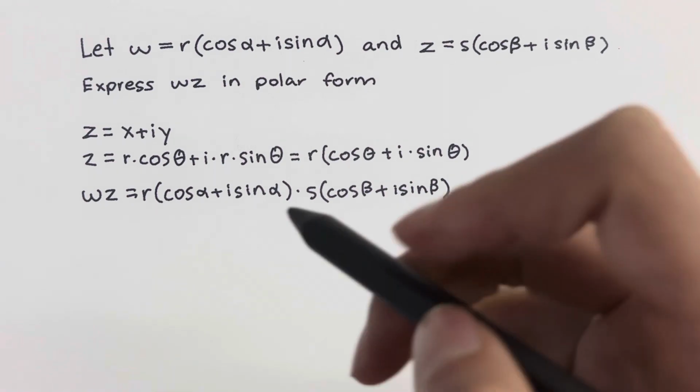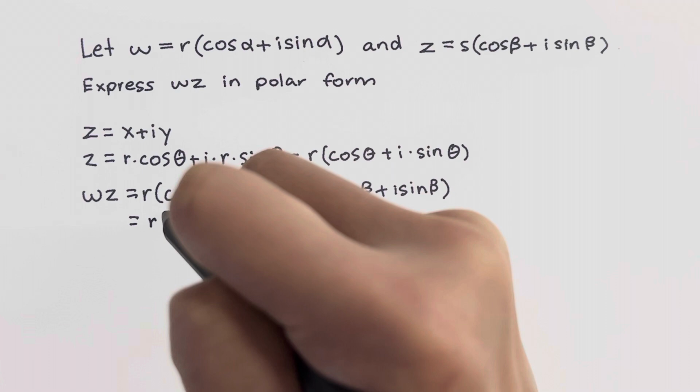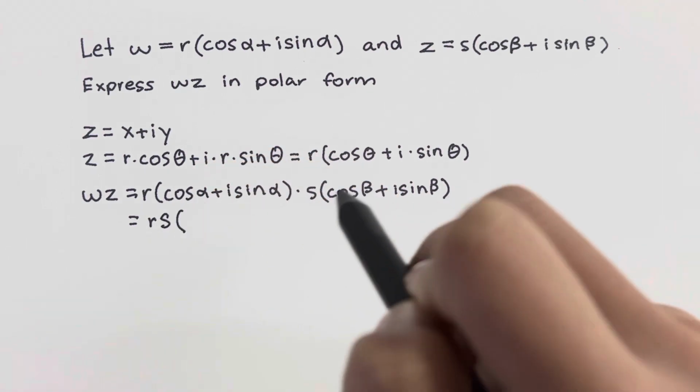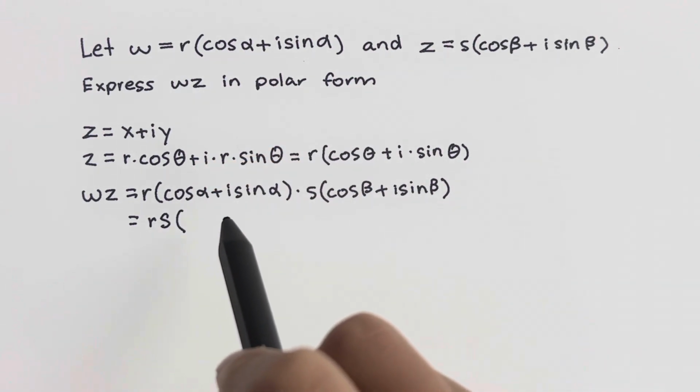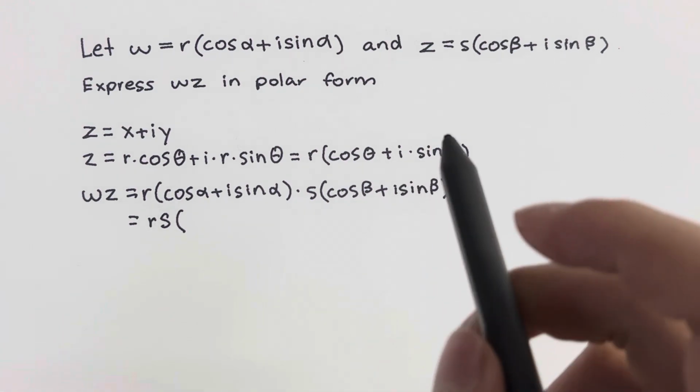Then you can rearrange these and it becomes rs times cosine alpha plus i times sine alpha, multiplied by cosine beta plus i times sine beta.